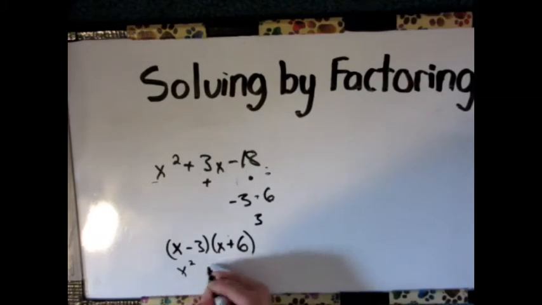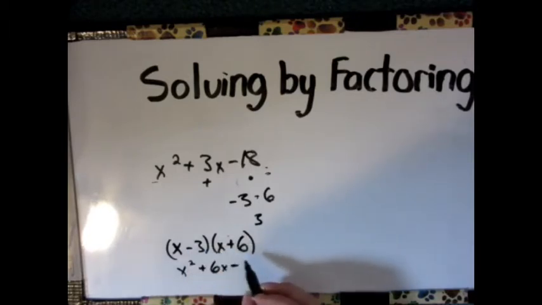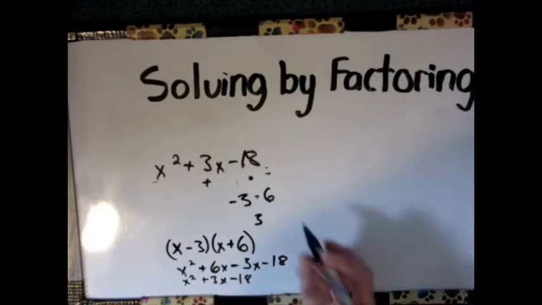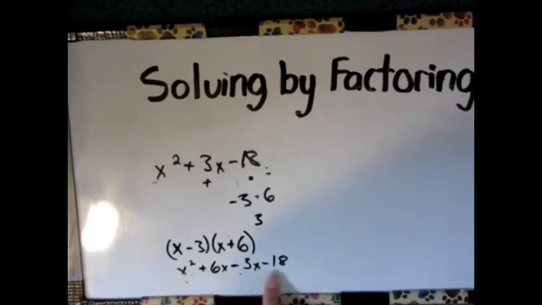So x squared plus 6x minus 3x minus 18, and simplify, and you get x squared plus 3x minus 18. Just like that, so we know it's right.